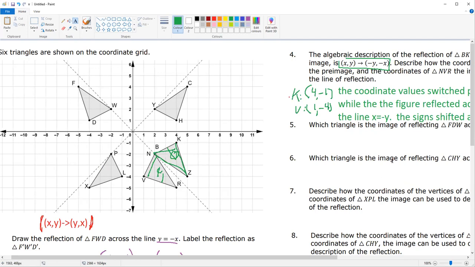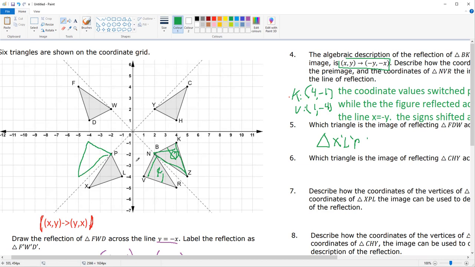That was the triangle X prime, L prime, P prime. That was the one that we drew up right here. It was like this, something like that.